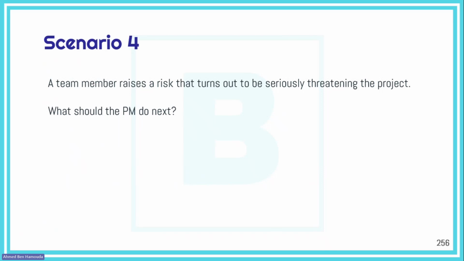A team member raises a risk that turns out to be seriously threatening the project. Okay, now what should you do next? Here we have a serious risk raised by a team member. From the initial assessment, or qualitative analysis of the risk, it seems to be serious. That means high probability and high impact, or a high score.